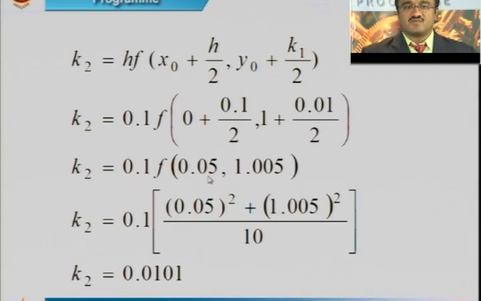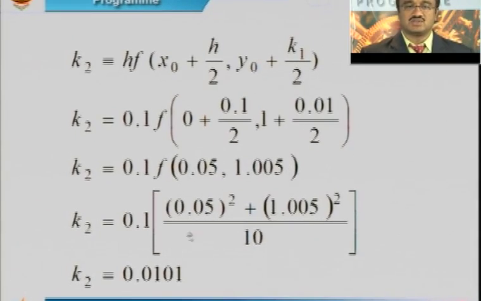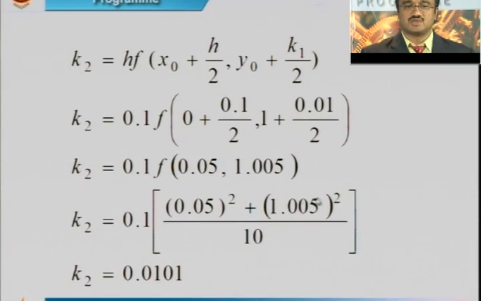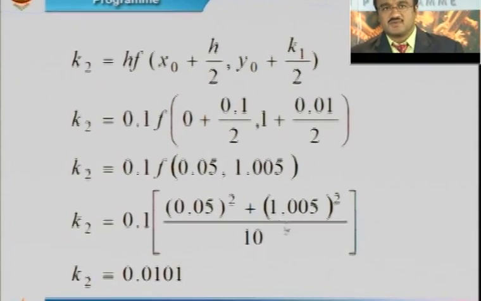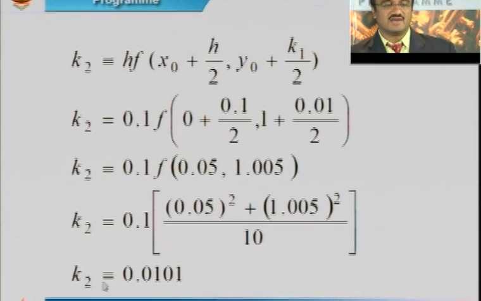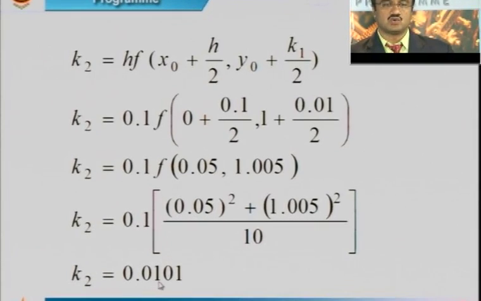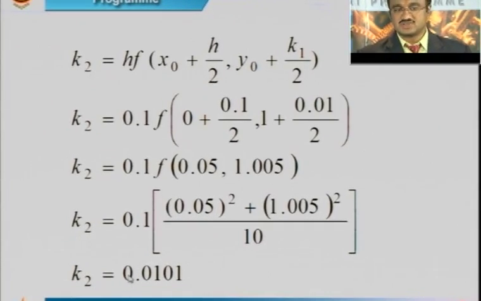Now substitute these x and y values in the given equation, x square plus y square by 10, with x as 0.05 and y as 1.005. Simplification gives the value of k2, that is 0.0101.